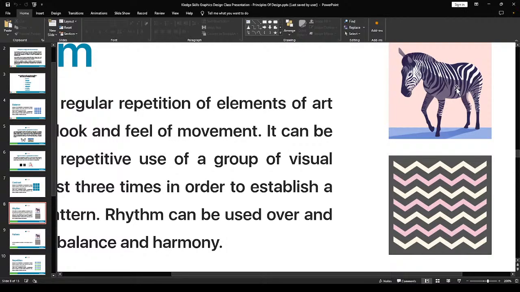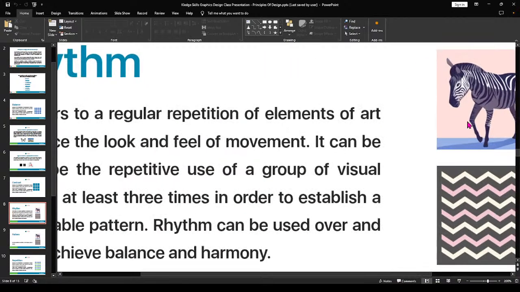If you look at the way the leg is designed and the stripes on the leg, you discover that now it is no longer vertical, it is now horizontal, like from right to left, from left to right, from right to left, from left to right. The same thing applies to the other legs. So you can now define the difference between rhythm and pattern.